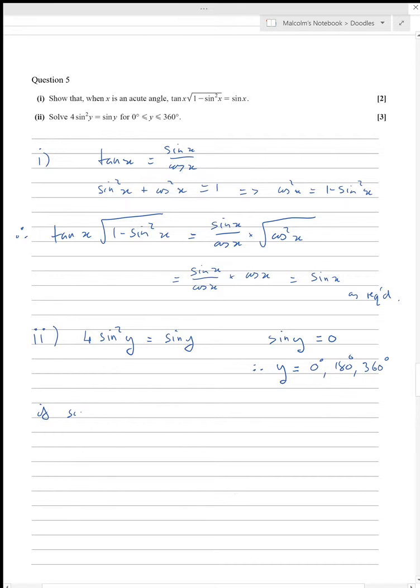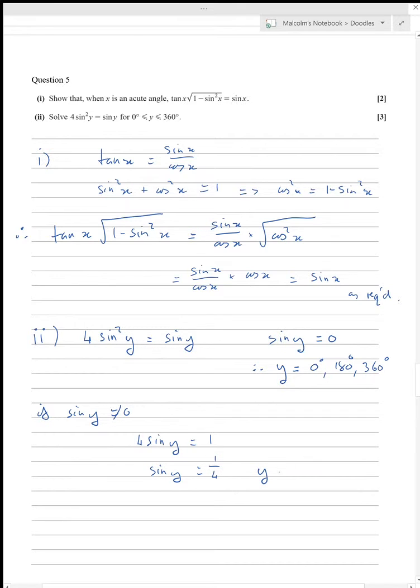Then if sine y is not equal to 0, I can divide both sides of this equation by sine y, and I can say then that 4 sine y is equal to 1, sine y equals 1 over 4.